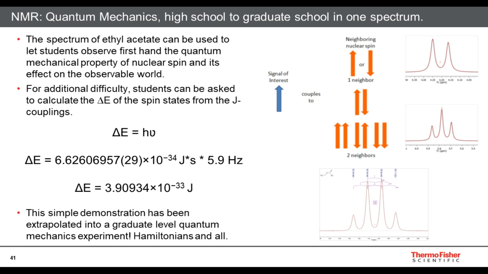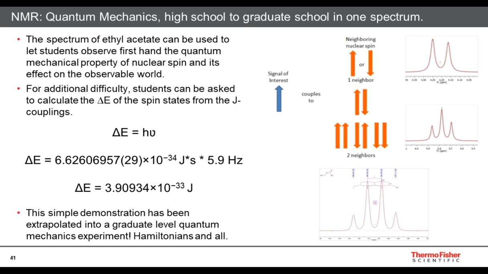And you can extend that beyond two neighbors or four neighbors or however many neighbors you like. And you can add levels of difficulty by having the students calculate the change in energy of the spin states using the J-couplings. And you can extrapolate that as far as you'd like.